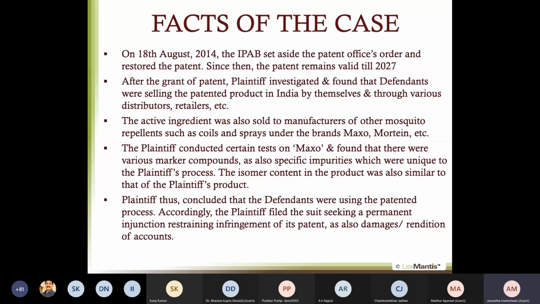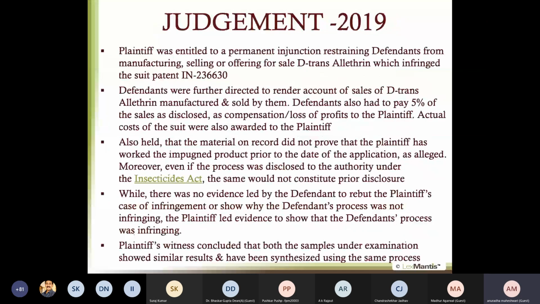So the Maxo and Mortine that were there in the marketplace were all infringing products. The plaintiff then conducted tests on Maxo and found that the chemical composition of Maxo and theirs was just the same. The plaintiff then sued the defendants for using their patented process.